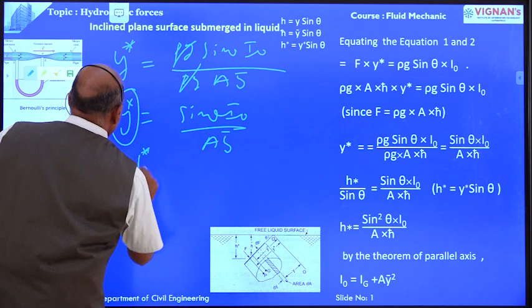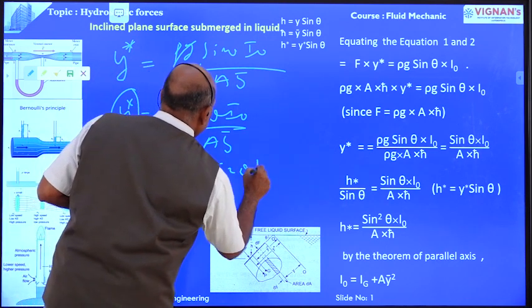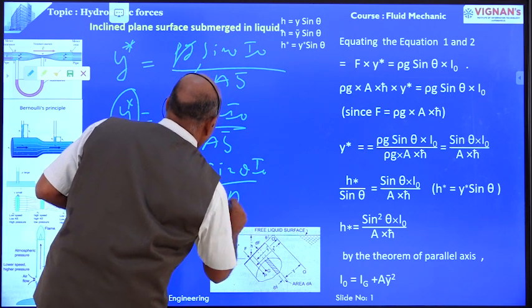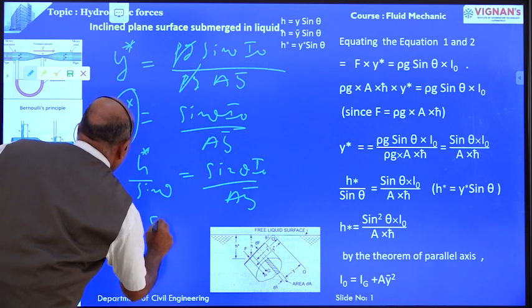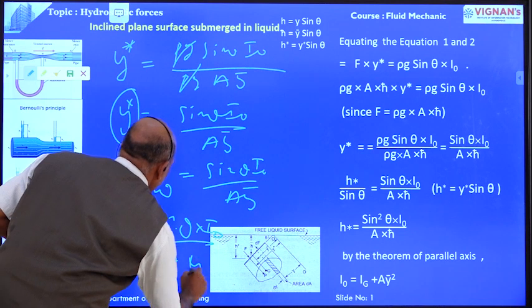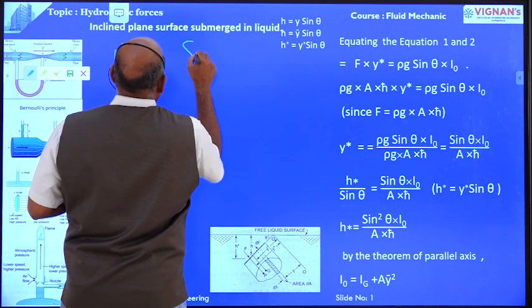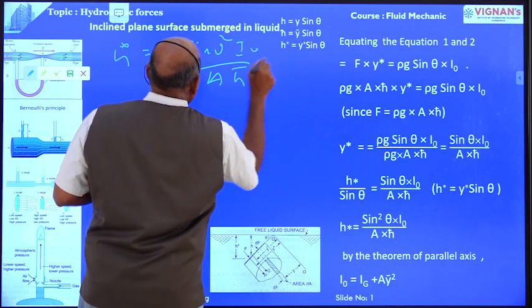So h star divided by sin theta equals sin theta into I0 divided by a y bar. Therefore h star is equal to sin square theta into I0 divided by a y bar.